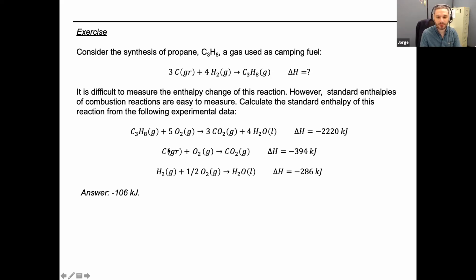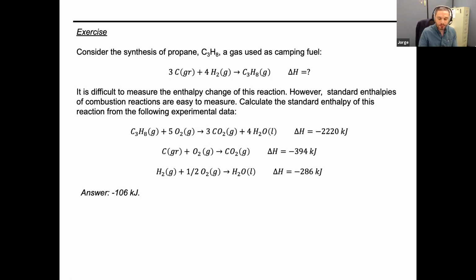And finally, carbon graphite. We only have carbon graphite in the second reaction, and it is already on the left side, and here on the left side too. So for now, what we did was flip the first reaction, keep the second reaction as it is, and the third reaction as it is.